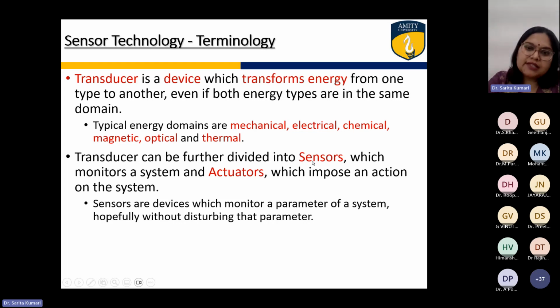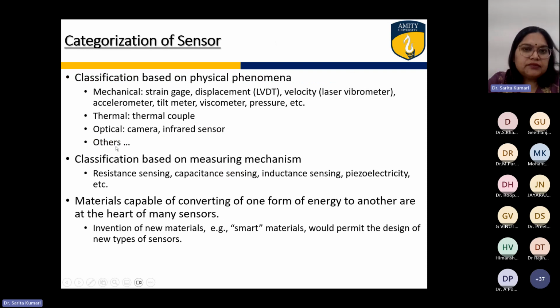As I said, the sensor is the part which actually senses the change in parameter, whereas actuators are the devices or parts which impose the action on the system. Then, as I just explained, classification based on physical phenomena, that is mechanical sensors like strain gauge, displacement sensor, that is LVDT, velocity sensor, that is laser vibrometer, accelerometer, tilt meter, viscometer, pressure, etc.